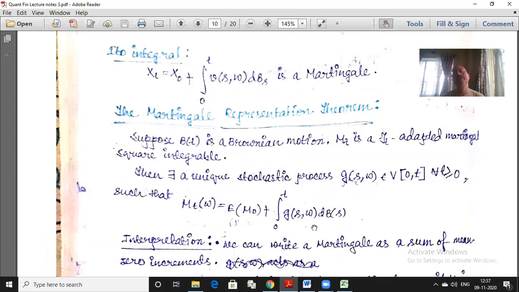Some of you have seen this result in different contexts. If you have done a formal probability course, you have seen the Radon-Nikodym derivative. So this is the stochastic process version of that result.